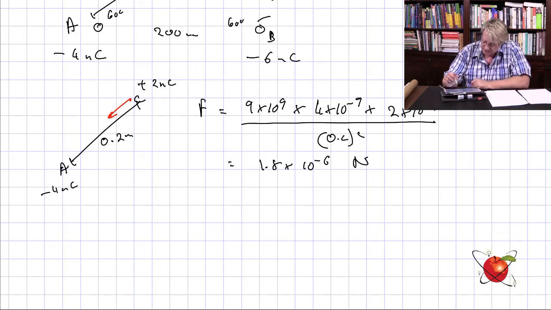So that little force down there is 1.8 times 10 to the minus 6 newtons. That's force A, that's charge Q1, Q2, K, and there's R squared. So, straightforward. Now, what do we do then?